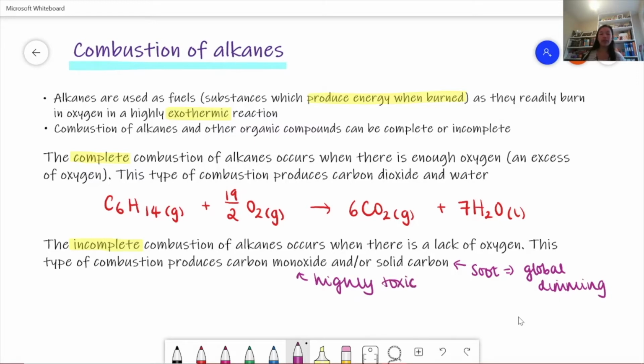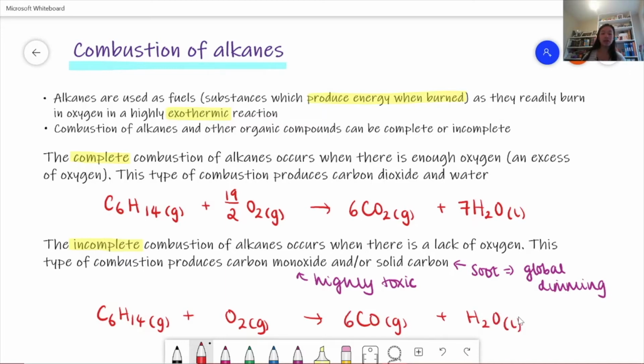So an example of this could be if we had hexane again, and we added oxygen, and we form carbon monoxide and water. And then to balance, we would have 6 carbons and 7 waters, and then we would have 13 over 2 oxygens.